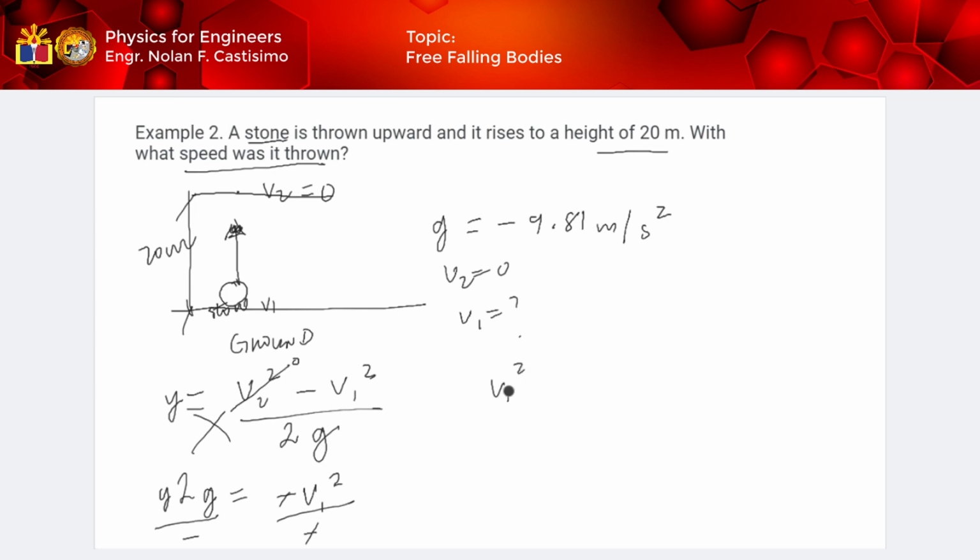v1 squared is equivalent to negative y2g. Okay? And then, we have to square root. Square root natin. So, v1 is equivalent to square root of negative, so, rearrange na lang natin, negative 2gy. So, same din lang naman yan. I-rearrange lang. So, next, substituting our values.